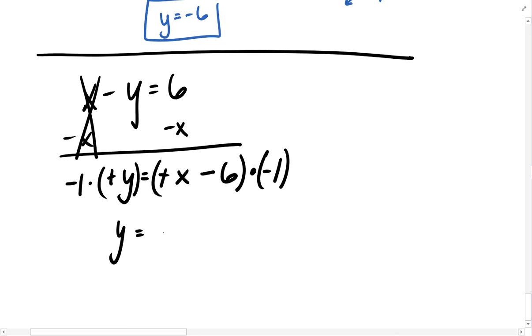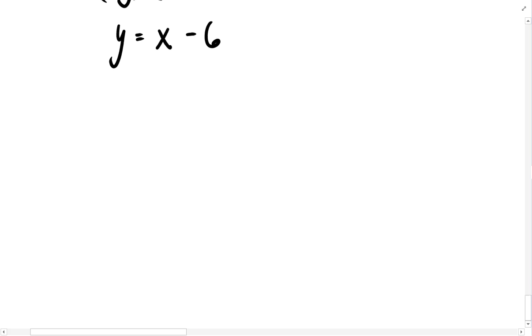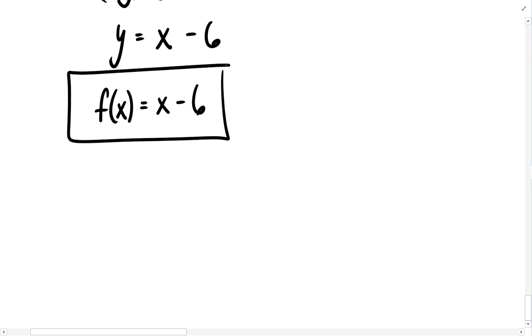And so we're now left with a positive x and a minus 6. So there's our equation in slope-intercept form. As far as function notation goes, we just change y to f of x, and we report the answer as f of x equals x minus 6.